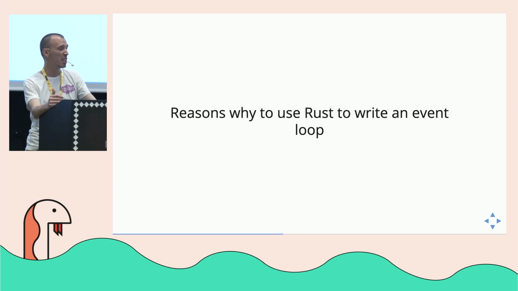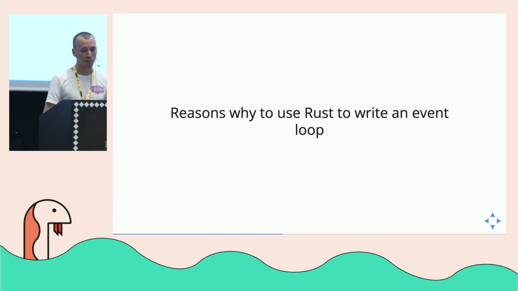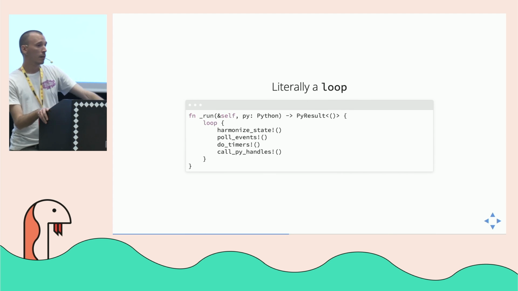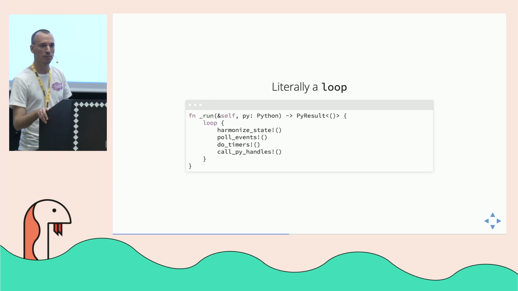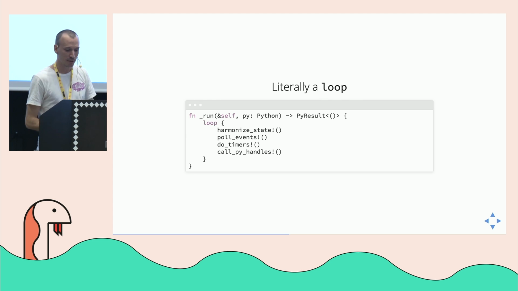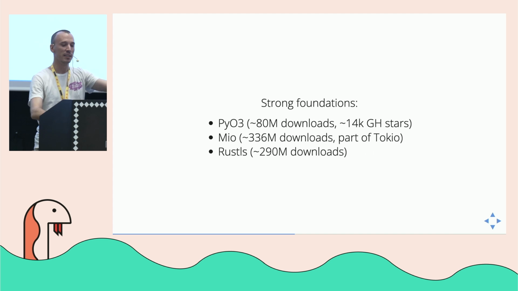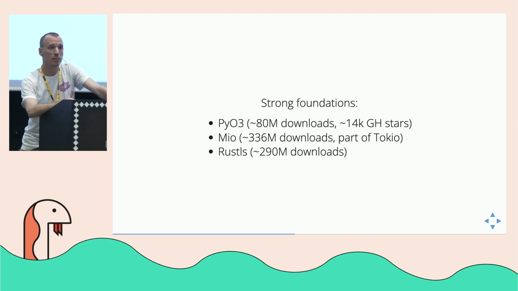Is it a good idea, is it a bad idea? Let's see some reasons. First reason: it's literally a loop. Isn't that cool? Hey, I said reasons, not valid reasons. Okay, calm down. But more seriously, you have some really good friends in the Rust ecosystem. You have a few very popular libraries.